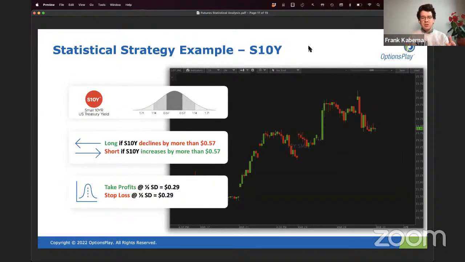But as anybody knows, once you learn an interesting strategy like this and how it applies to options or futures or stock or what have you, then it becomes a case of, all right, what's my flavor on this? If the standard deviation is 57 cents, then I'm going to wait for the market being up or down 70 cents. Give it a little bit of room to breathe outside of that.